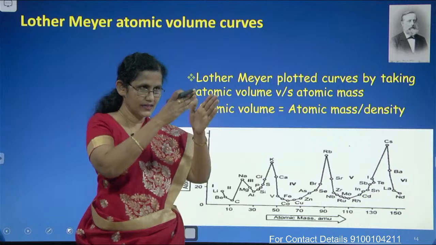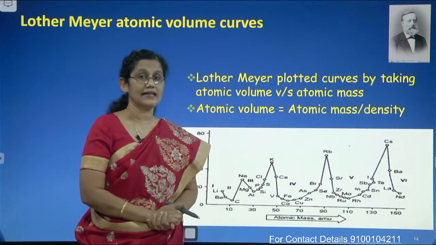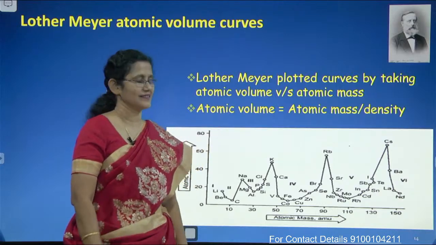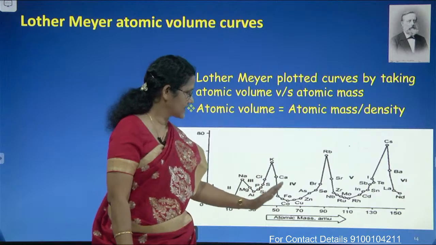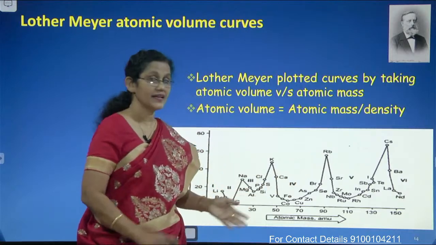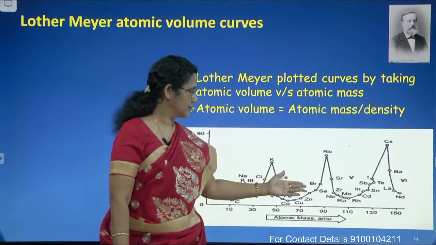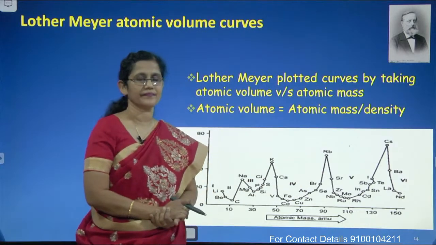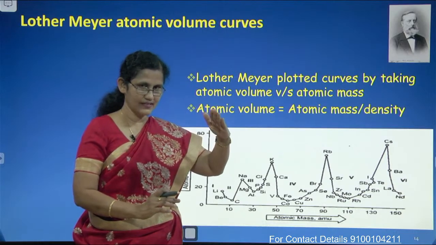Now see the ascending portion of the curves, occupied by halogens, fluorine, chlorine, bromine, iodine, and noble gases.